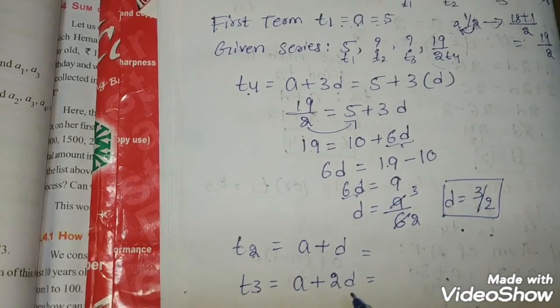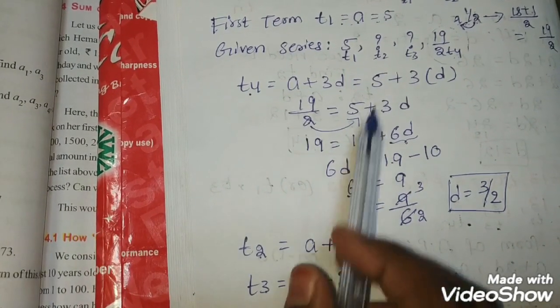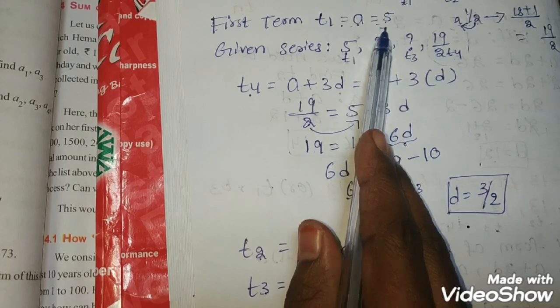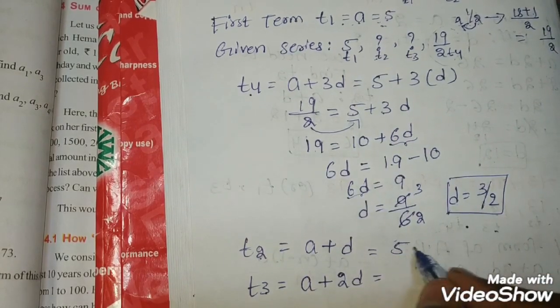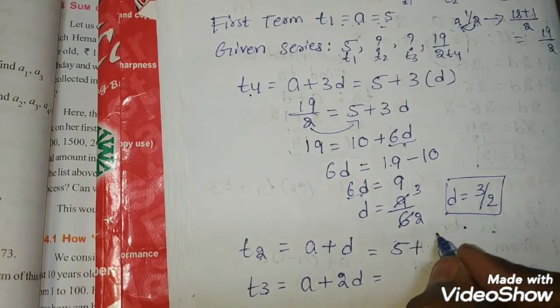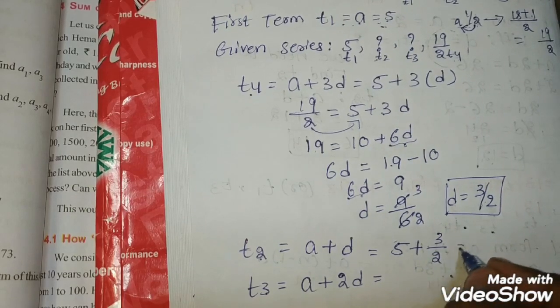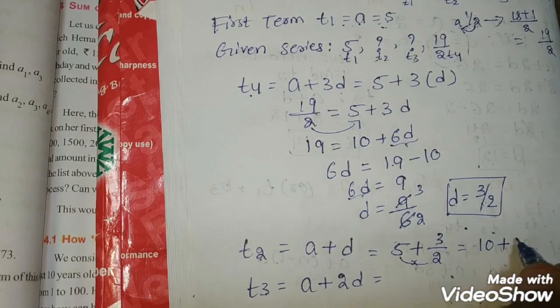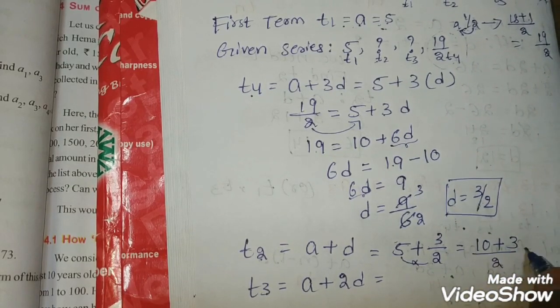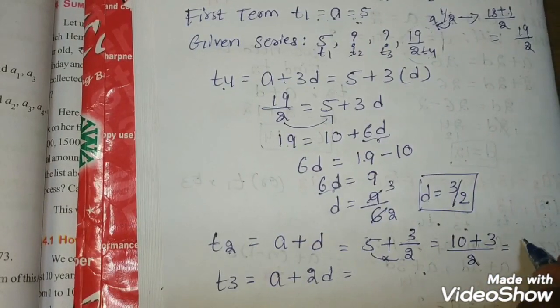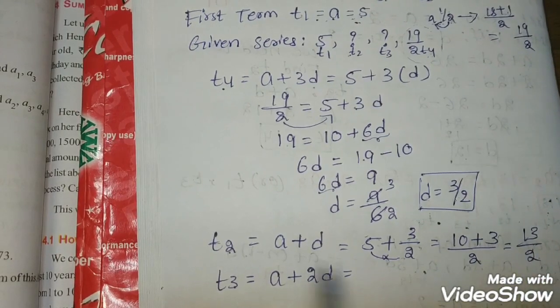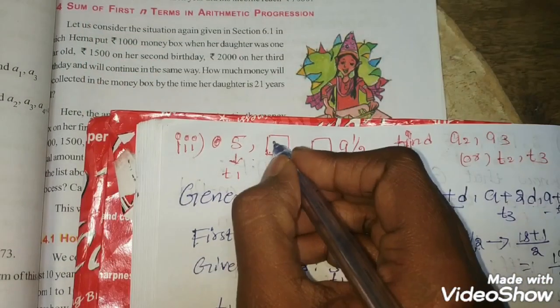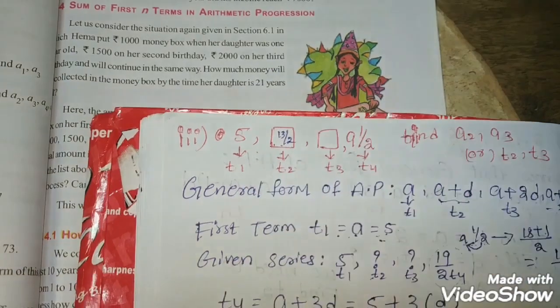Simple. What is A? A is 5 plus, what is d? d is 3 by 2. 5 2s are 10 plus 3, divided by 2. 10 plus 3, what? 13 by 2. So our term 2 is 13 by 2.